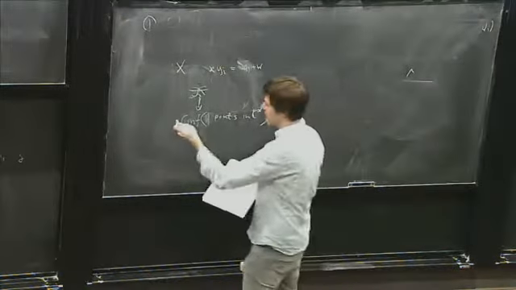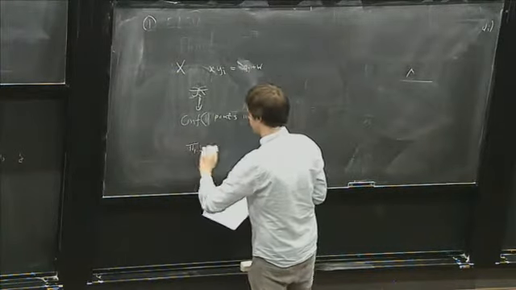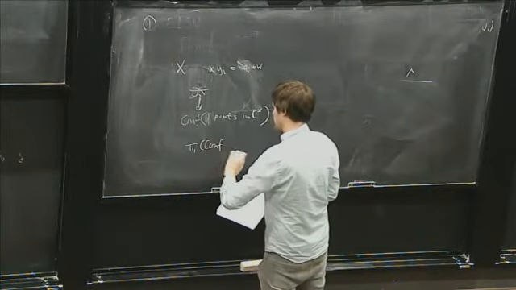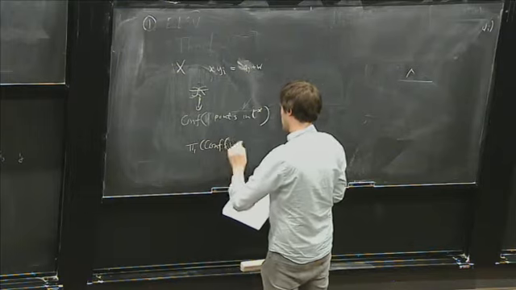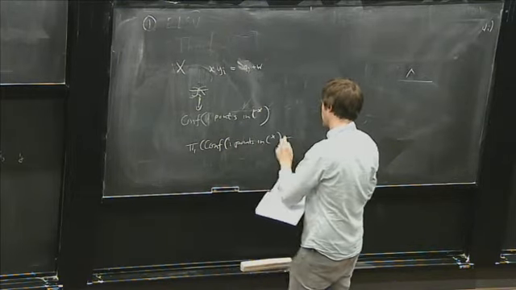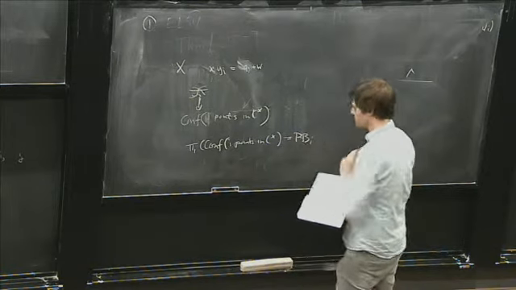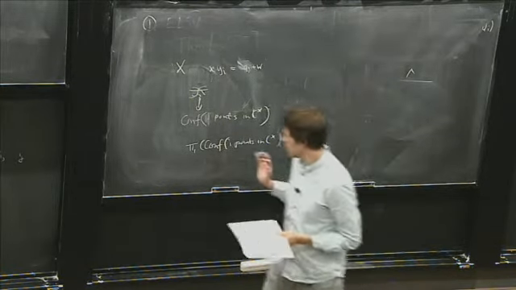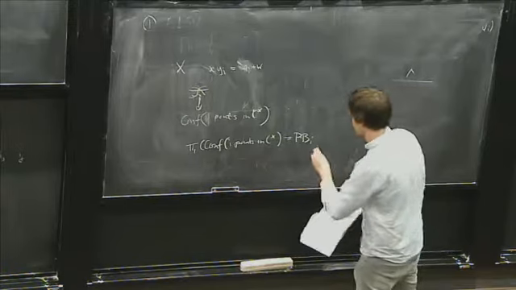If you take pi 1 of this configuration space, you get the pure braid group on I letters, or I plus 1 maybe.